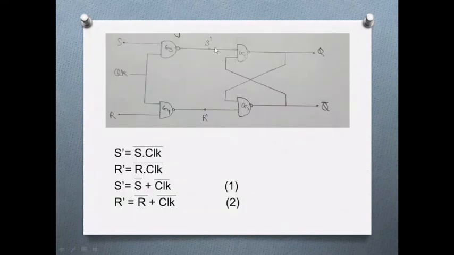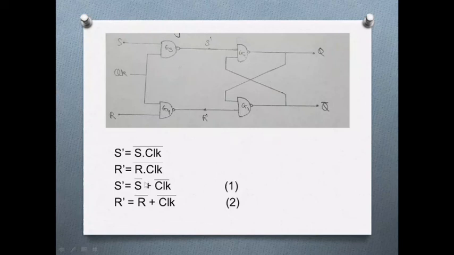From this circuit it is clear that S and clock pulse are the inputs for gate G3, and S dash is the output of gate G3. So from this circuit diagram we can write that S dash is equal to (S · clock pulse) complement, and similarly R dash is equal to (R · clock pulse) complement, because the Boolean expression for a NAND gate is Y is equal to (A · B) complement.